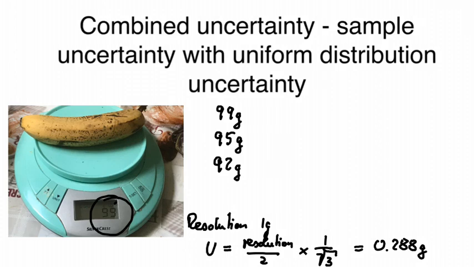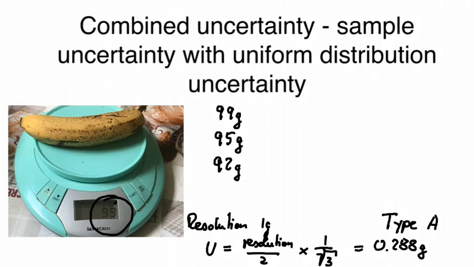This is an uncertainty that we can just derive from the equipment that we use, and this is called a type A uncertainty, because it is just simply derived from the equipment.